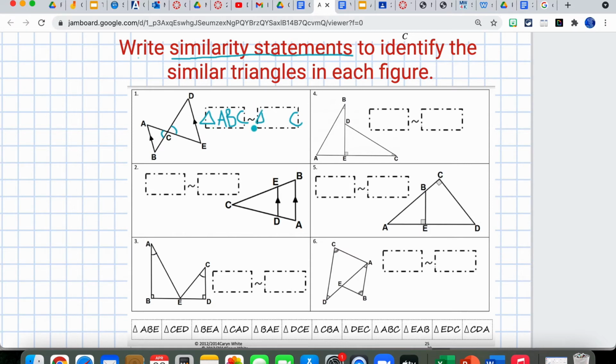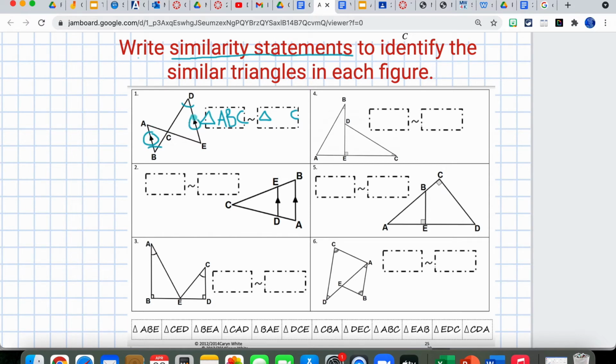We need to have matched letters. B is the middle one. This angle, we already have the letter C in. Now the letter B is the next angle we're talking about. And this angle, letter B, is going to be corresponding to the letter D in this triangle. How do I know that? Because of these symbols.